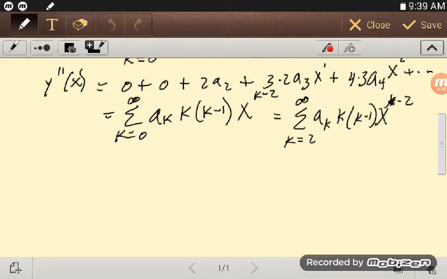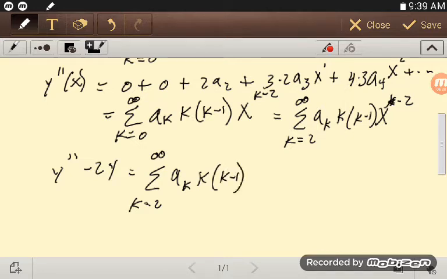Now the other thing we need to be able to do is add a couple of these series together, because you see, if I had something like y double prime minus 2y, that sort of expression, well, according to our series, y double prime I have right here in front of me, so that's the sum k equals 2 to infinity, a sub k, k minus 1, x to the k minus 2, and then minus 2 times the sum in the original series was k equals 0 to infinity, a sub k, x to the k.